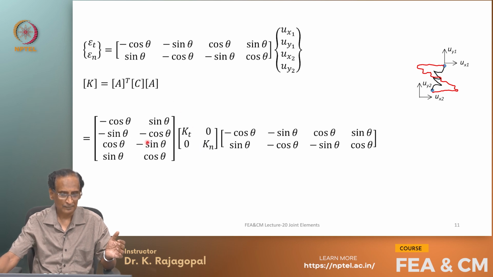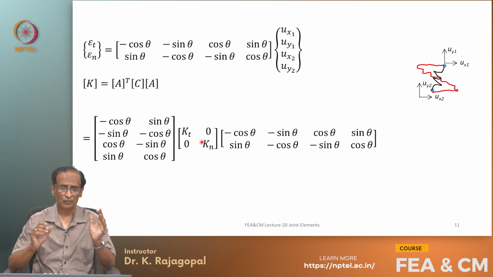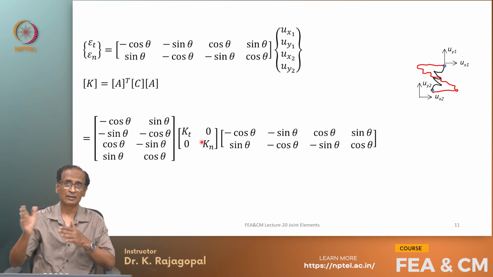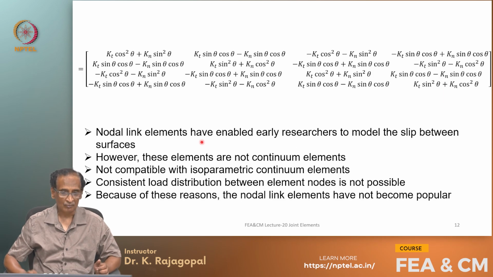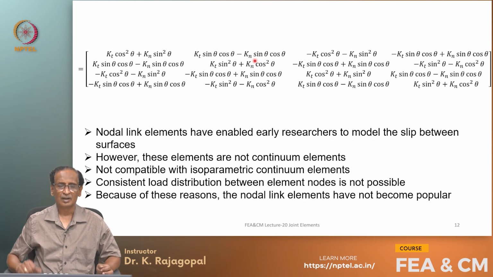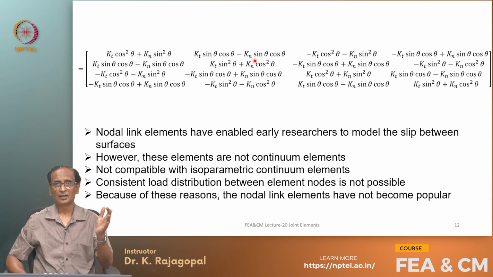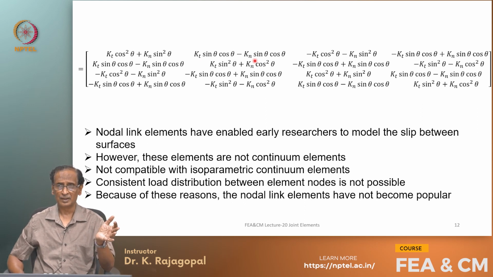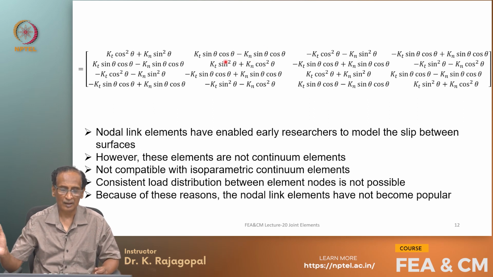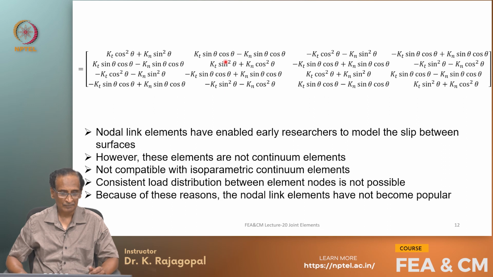So, the C is this, and our direction cosine matrix is this, to convert from the local directions to the global directions. So, actually this looks very similar to our bar element stiffness matrix, because we have the same terms like cosine square, sine square, and so on, okay, and cosine theta, sin theta for all the off diagonal terms, okay.